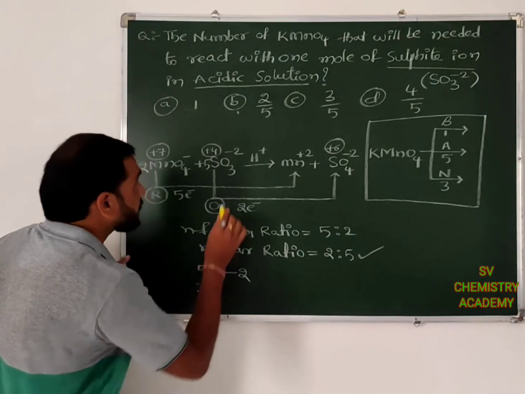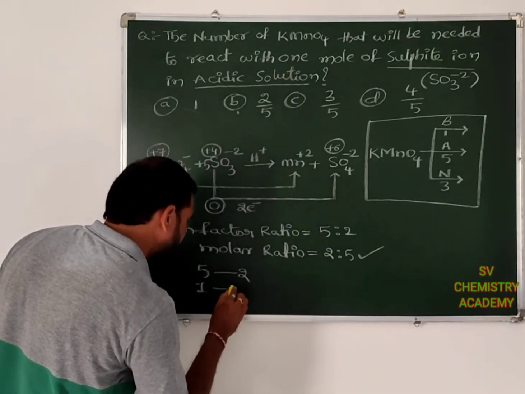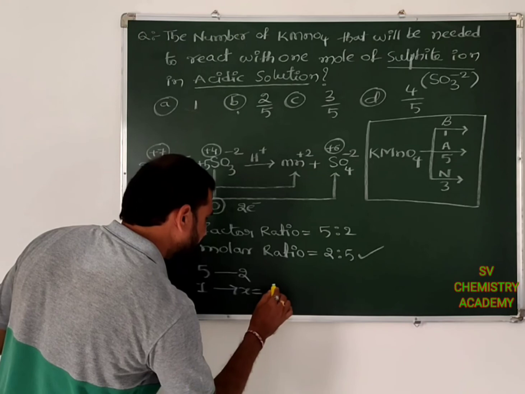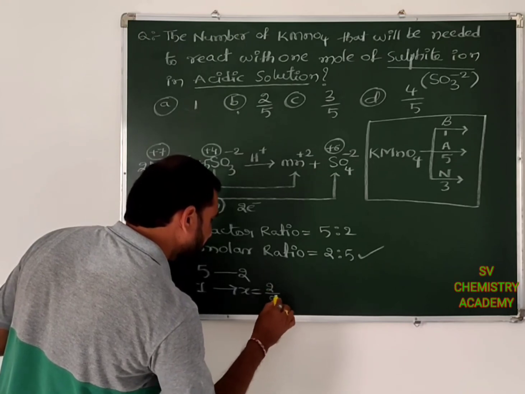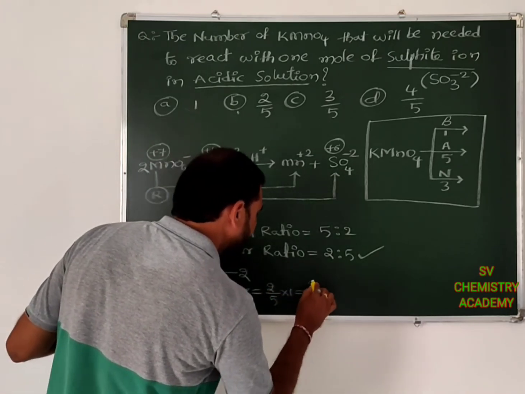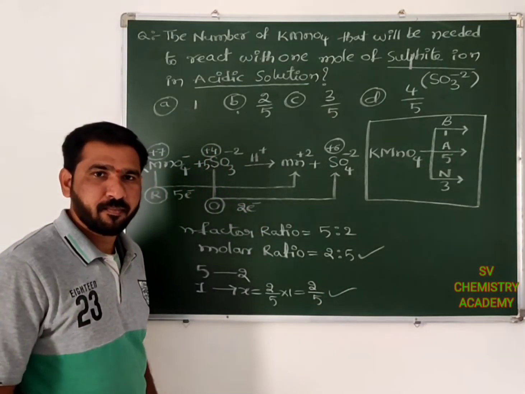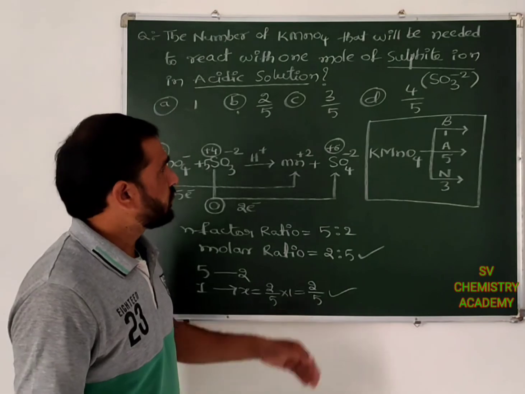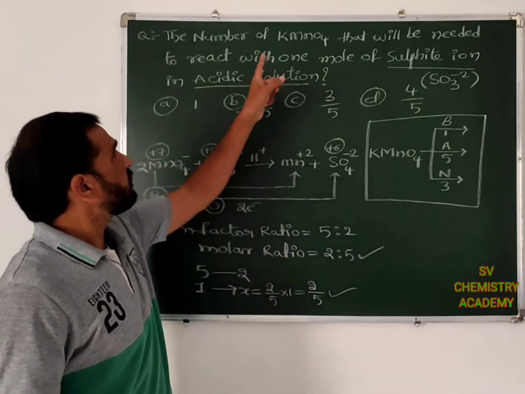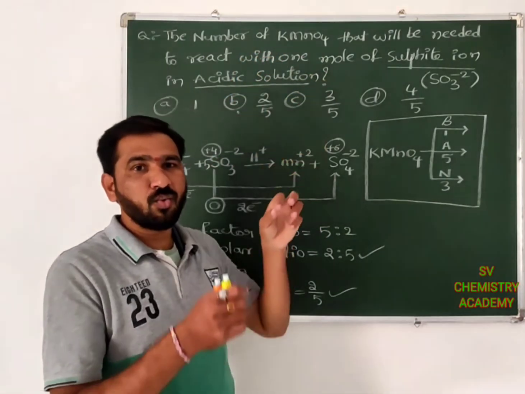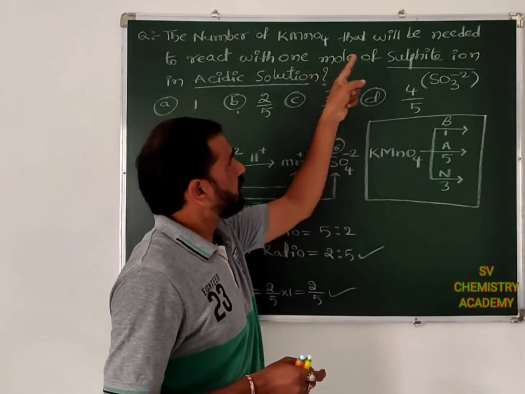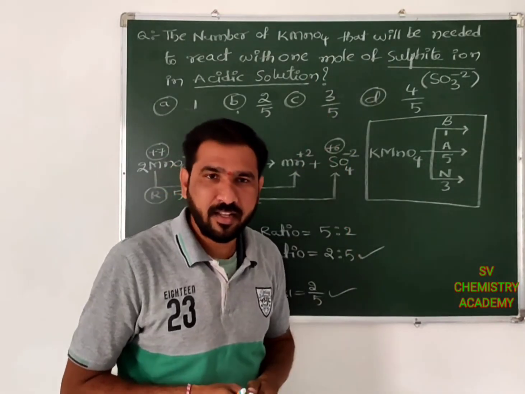For 1 mole, how much? That is equal to 2 by 5 into 1, which is 2 by 5. That is the only right answer. So by this we can get the number of moles of KMnO4 required to completely oxidize 1 mole of sulfite ion. Is it clear, beta?